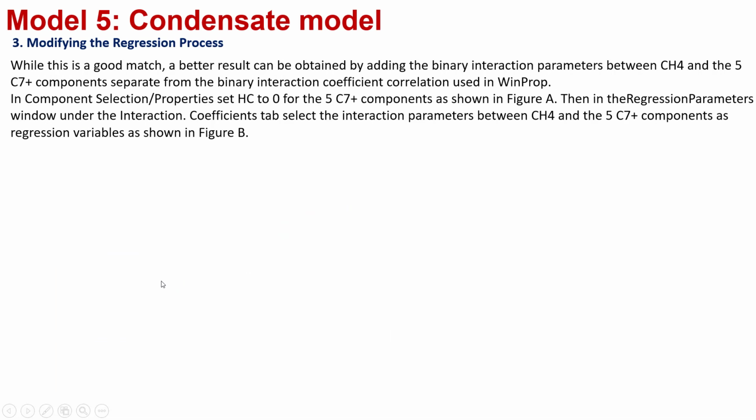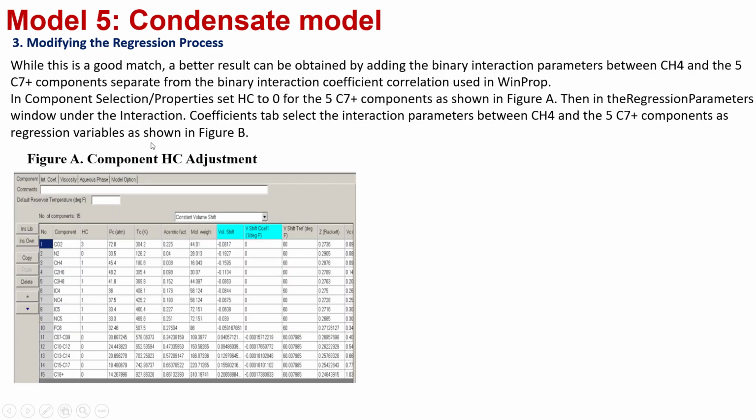So why is this a good match? A better result can be obtained by adding the binary interaction parameter between methane and the C7 plus component, separate from the binary interaction coefficient correlation used in the WinProp software.